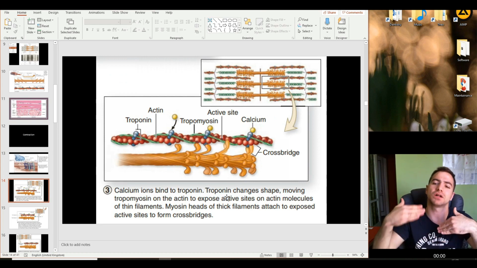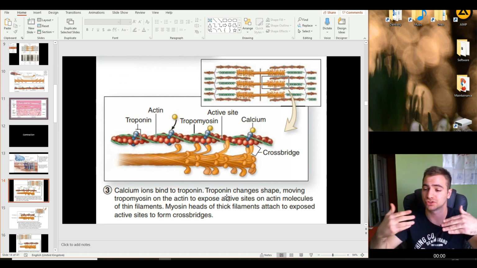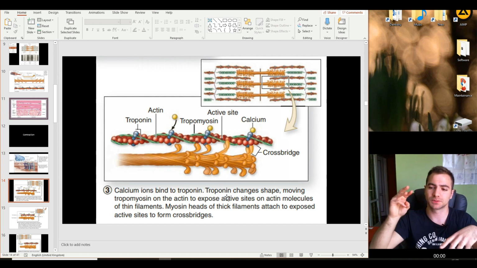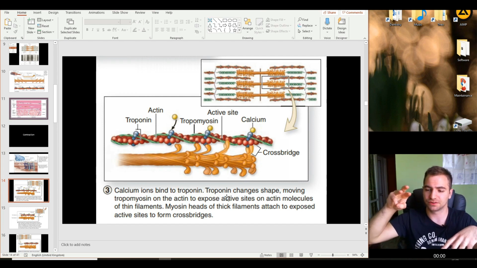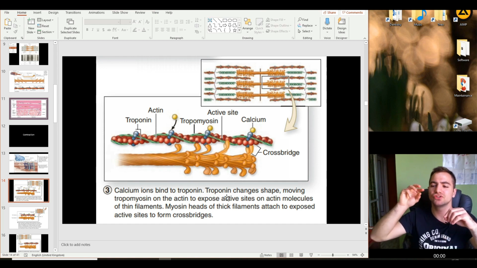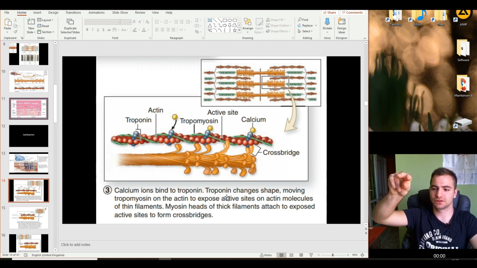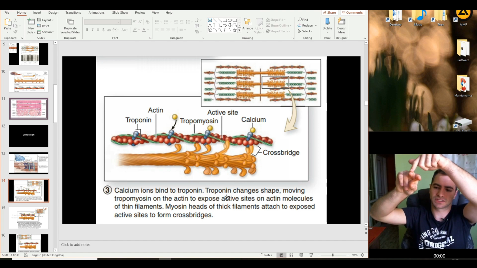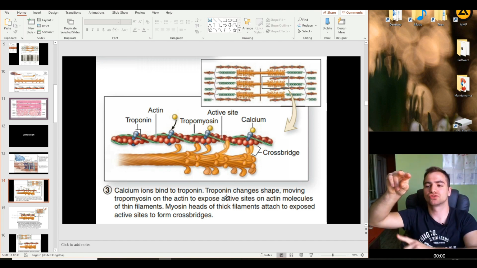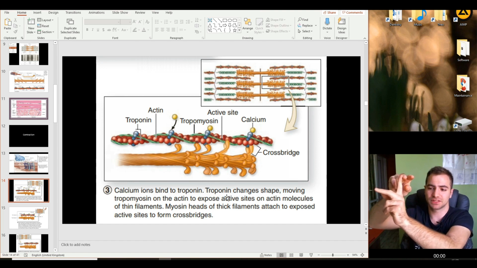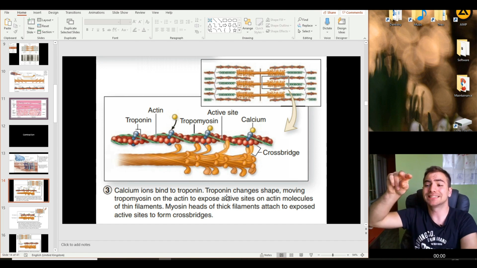How does calcium allow this contraction to take place? We discussed before that the troponin unit has 3 different units. There is the calcium binding site. Imagine it as 3 fingers like this. This is going to be, for example, the TNC, the troponin calcium binding site. Once calcium is attached on this location, it tilts.